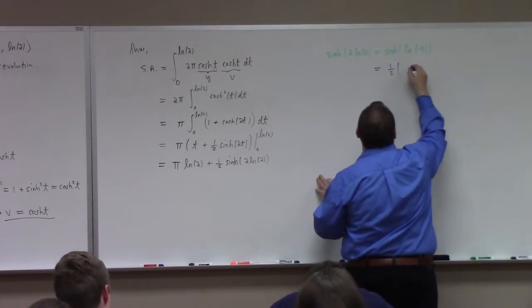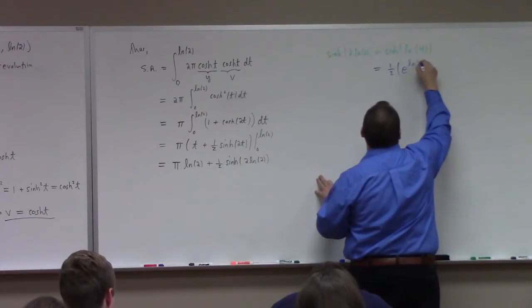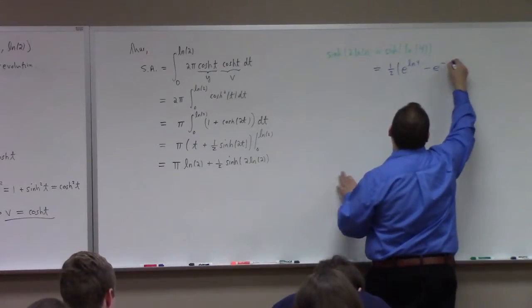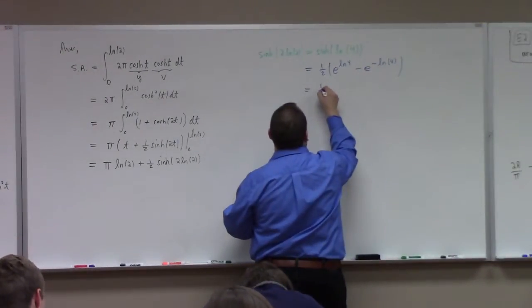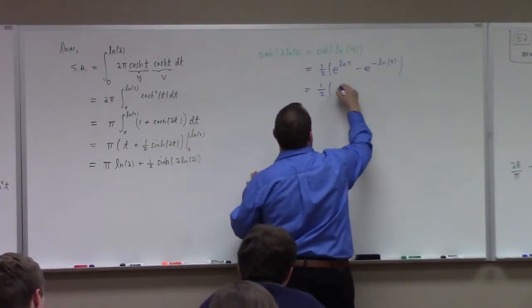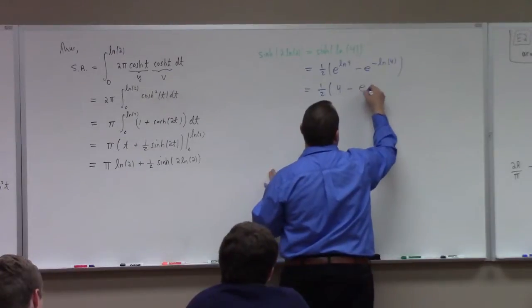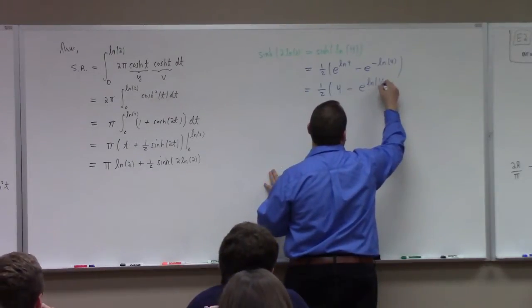1/2 times e to the natural log of 4 minus e to the minus natural log of 4. All right, got a little bit more to do here. e to the log of 4 is just 4, and then this is e to the log of 1/4, right?